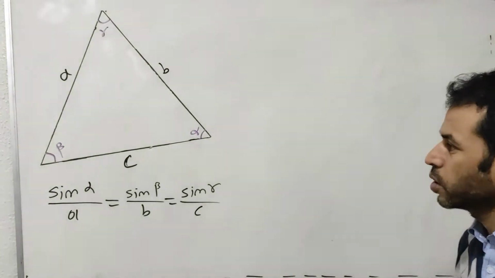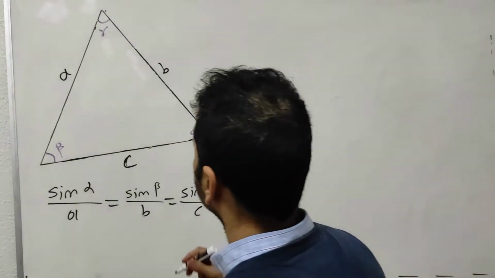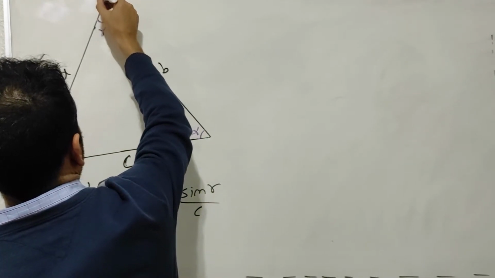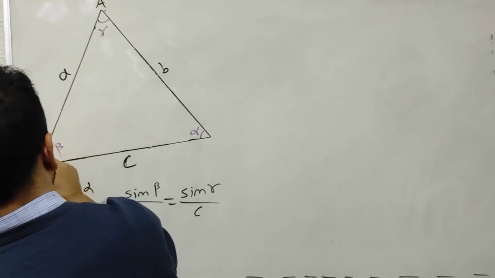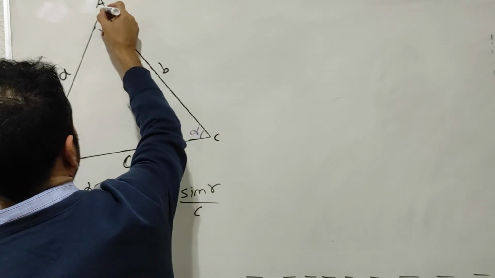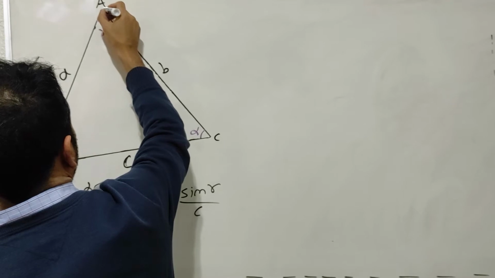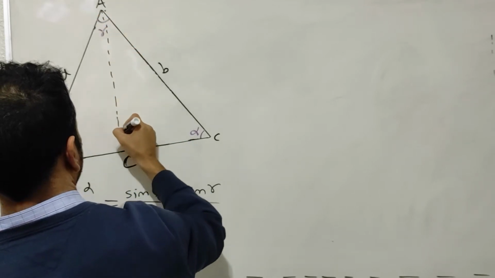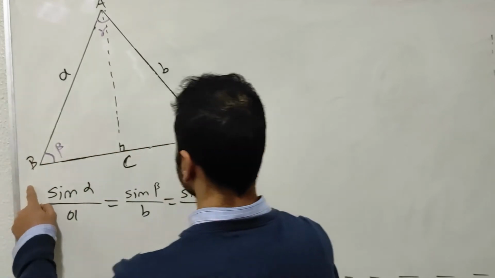Now in order to do that, I'm going to draw a projection line from the point, let's call these points A, B and C. Let's do the projection line from capital A on segment BC, okay?